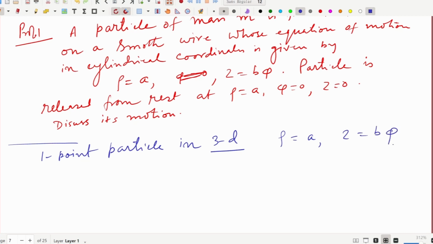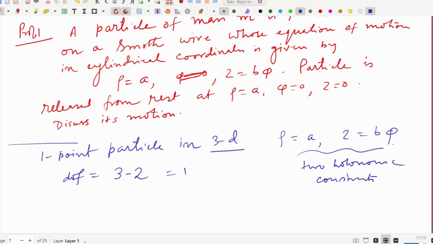There are two independent constraints, so the degrees of freedom will be 3 minus 2, because there are two holonomic constraints. So you will have degrees of freedom equal to 1.